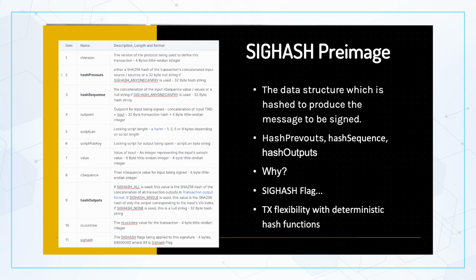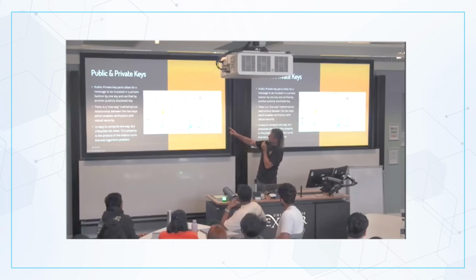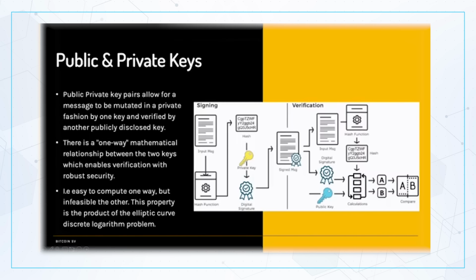Are you guys familiar with the signing process at all? Do you know anything about the ECDSA algorithm? The input message in this case would be that pre-image data structure, so all those different fields, or the script context. Then we put it through a hash function to create a fixed 32-byte output, and then we sign that with our private key.